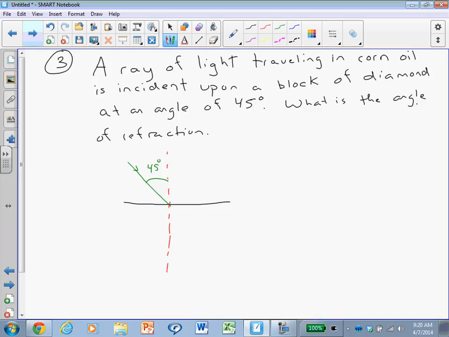Now, we want to be able to figure this out. Well, corn oil, the N is what? 1.47. And for diamond, N is, okay, so we're going into a higher N. So it's going to slow down. We could think of our wheels, if that helps. When this slows down, what happens to this wheel?